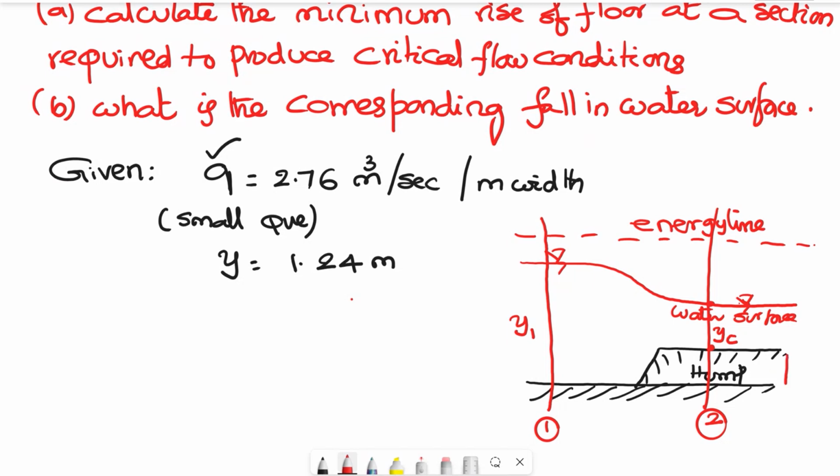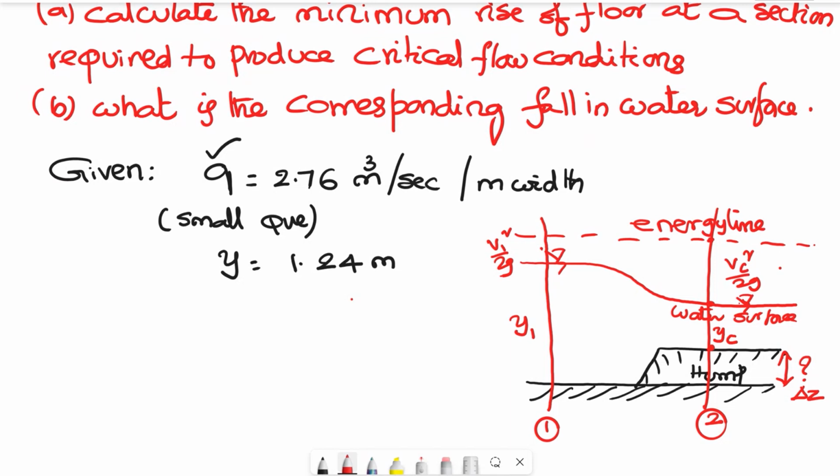Then he asked, what is this? This is nothing but V1 squared by 2g. Then here this is Vc squared by 2g. So this is the basic thing. So y1 plus V1 squared by 2g, with a horizontal datum. Here, if I don't know anything, I will call the hump height delta z, plus yc plus Vc squared by 2g.